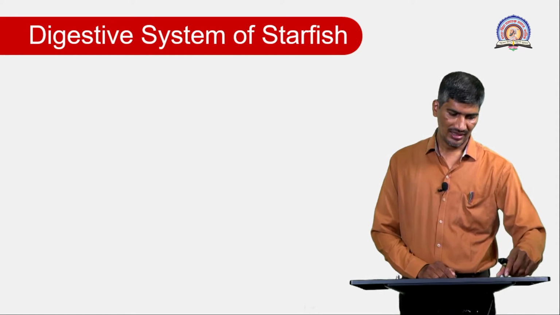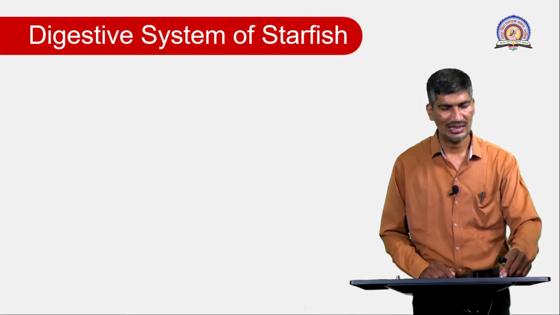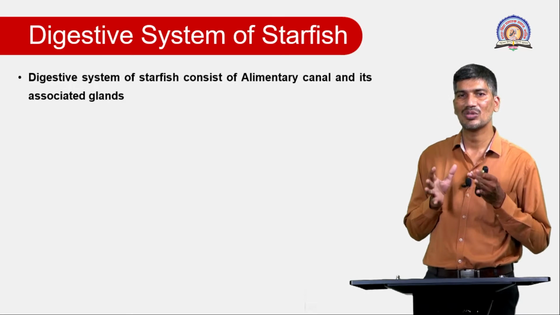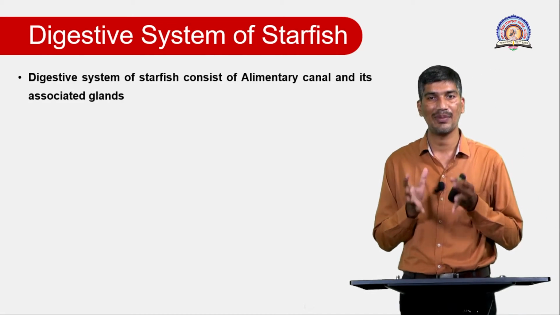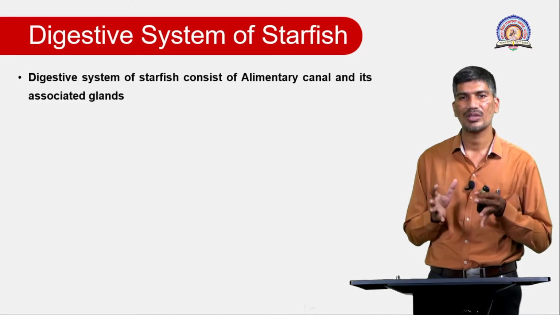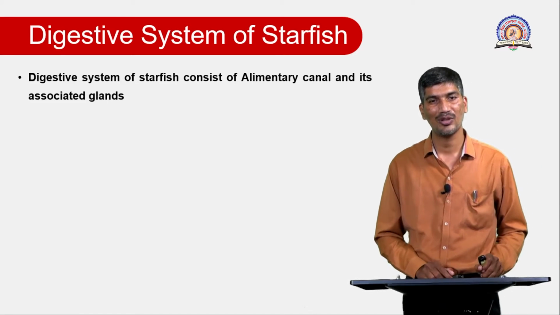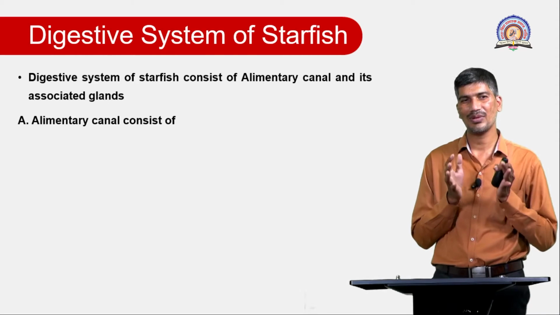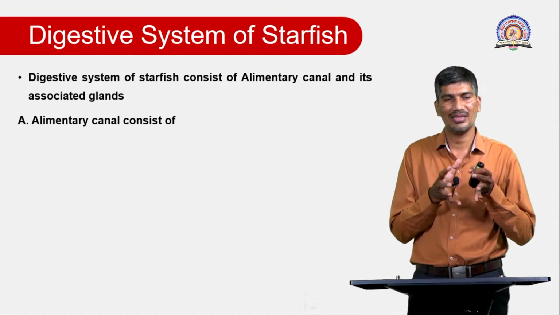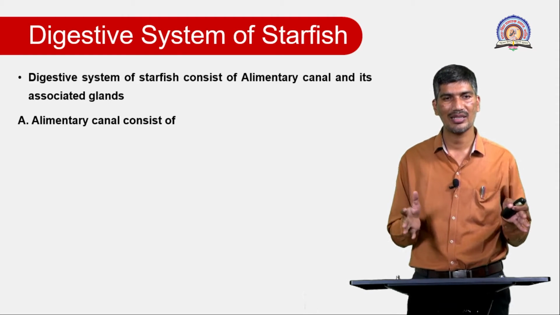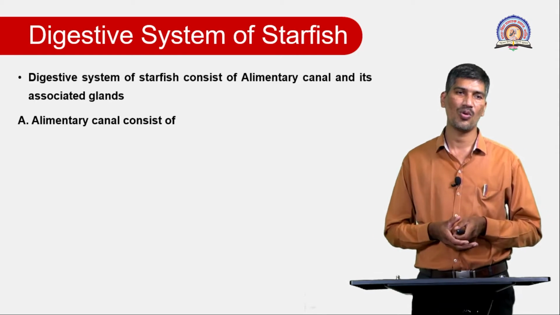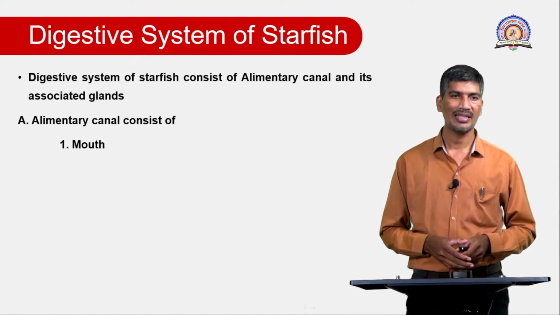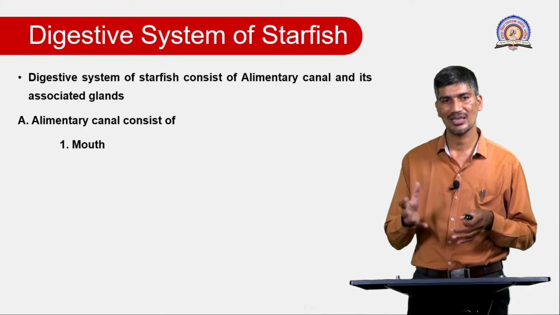Thus, the digestive system of starfish consists of these two parts: the alimentary canal and its associated glands, which actively participate in digestion. The alimentary canal is one canal system, with its parts connected together to form the whole canal. It starts from the mouth, which we will discuss in detail in the coming slide.